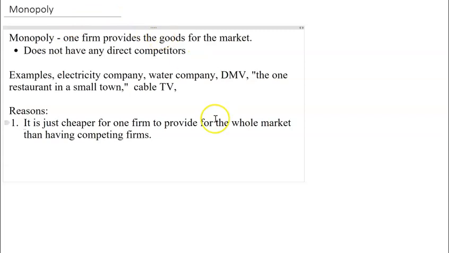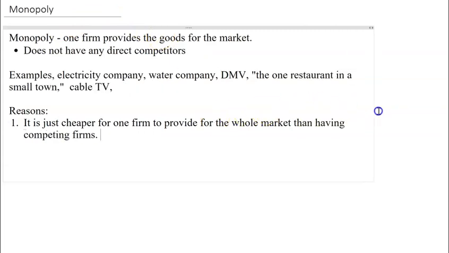Imagine an electric company. If we have 10 electric companies in a large city, then I would need 10 different infrastructures for all those companies to provide electricity to every building in the city, so that I can choose relatively easily between one company and another.